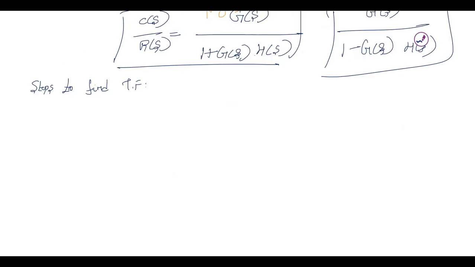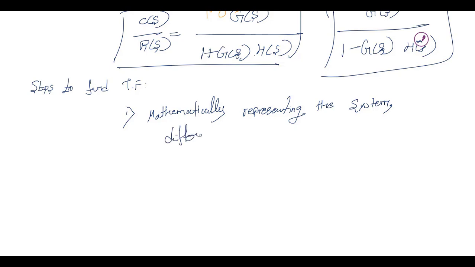To find the transfer function of the system, we follow some steps. Initially the system components are mathematically represented using theorems and laws. For example, by applying Newton's law and De Morgan's theorem, we define the system and extract the differential equations. So the first step is mathematically representing the system and finding the differential equation.